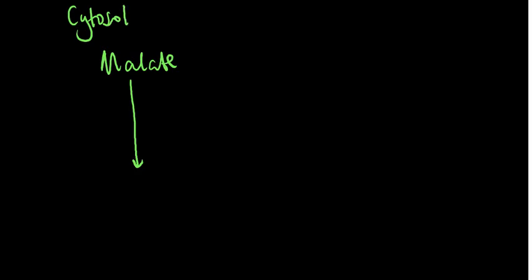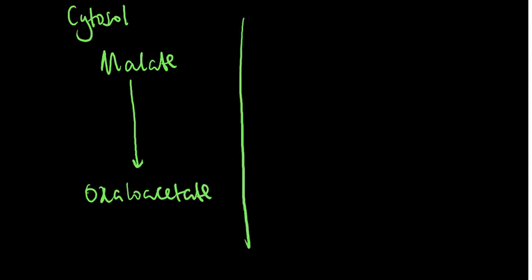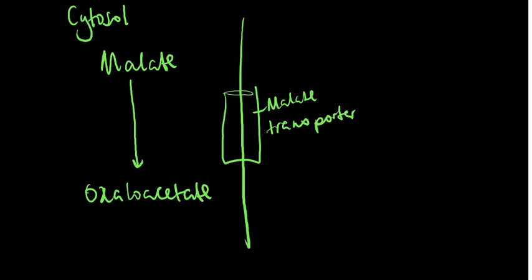Malate can be converted back to oxaloacetate. Remember this is our membrane, and this is what we call the malate transporter. And then this is your mitochondria.